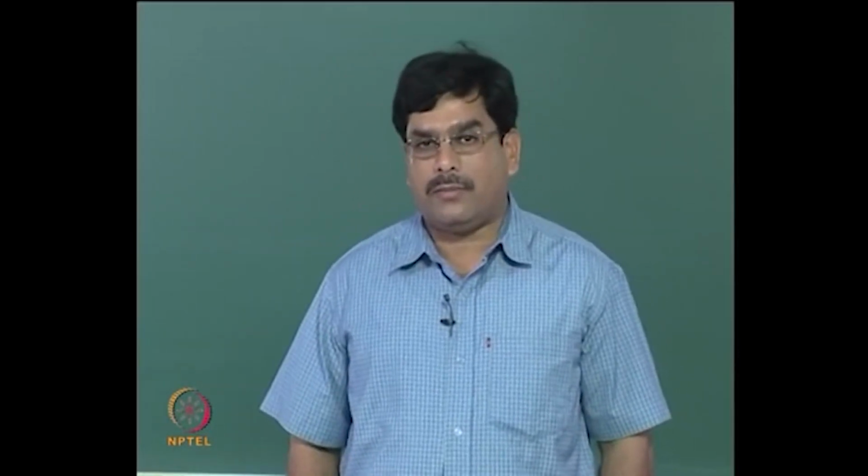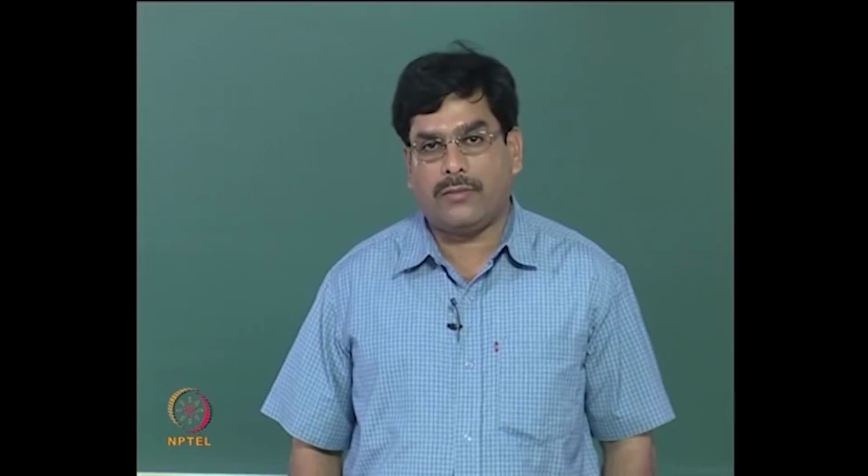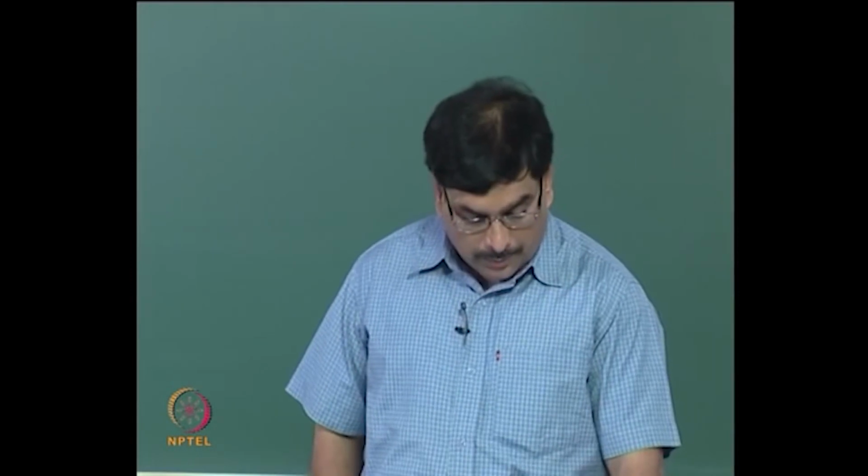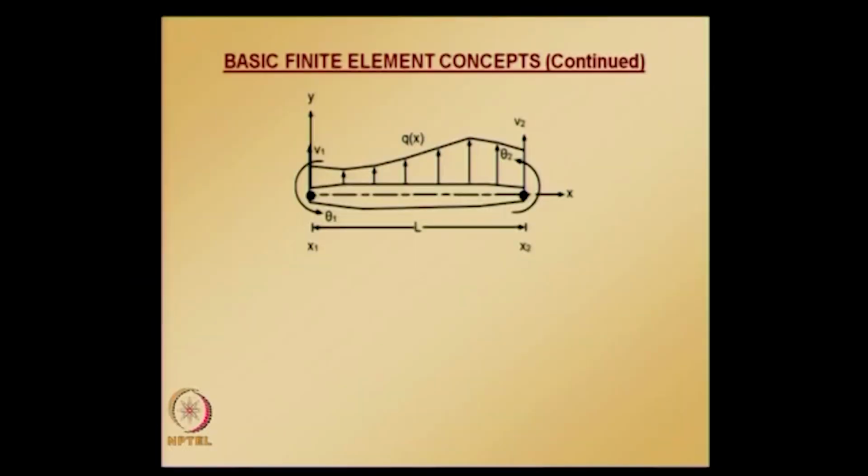Okay, in the last class we derived the governing differential equation for the beam bending problem, and we also derived the finite element shape functions and the finite element equations for a beam element subjected to distributed load, having two nodes at x1 and x2 and 2 degrees of freedom at each node: v1, theta 1 at x1, and v2, theta 2 at x2.